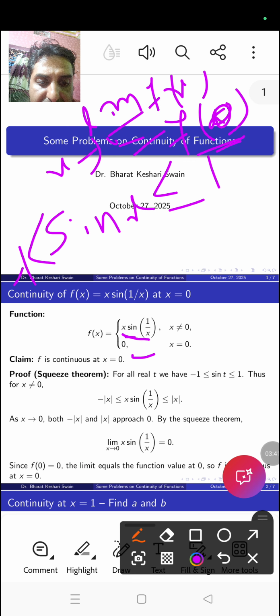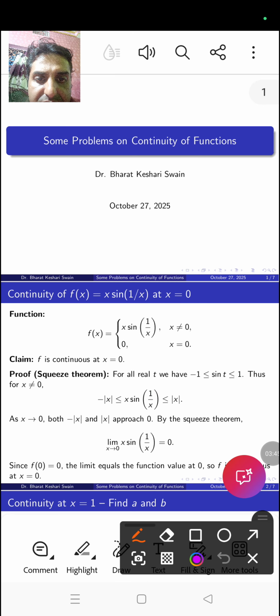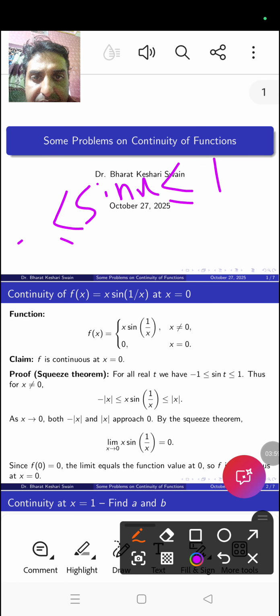So to find the limit, we have to use the squeezing theorem, or the sandwich theorem. The value of sin x is in between 1 and -1.